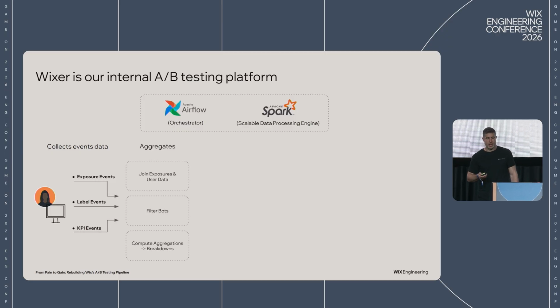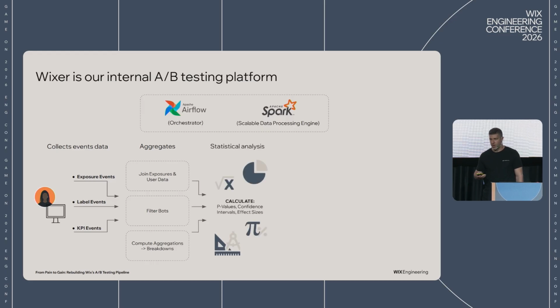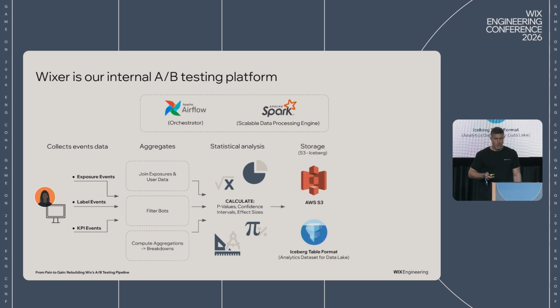Second, we aggregate. Spark joins exposure with user data, filters out the bots, and computes aggregation by different breakdowns. Third, statistical analysis. We calculate p-value, confidence interval, and effect size to show if the results are statistically significant. Finally, all the results are stored in S3 using Iceberg format, which is a table format designed for analytics in data lakes.